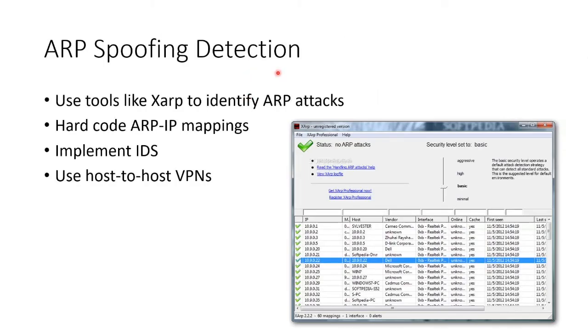How do we detect ARP spoofing? Well, how do you detect something that's in promiscuous mode? Because this is really the key. See, normally machines, network interface cards, are only supposed to respond when it's their MAC address in the destination.